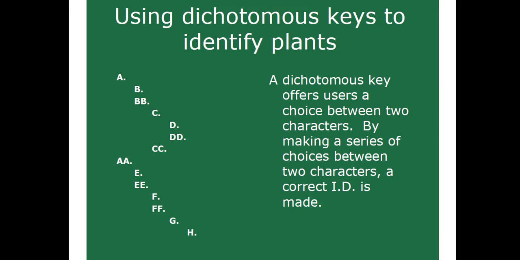And we try to use the information that we have collected using all of our senses, looking and feeling the plant, to make an informed decision between which character fits it best. We started to work through the dichotomous keys a little bit through some simple examples, but later on we'll do some more complex examples as well.